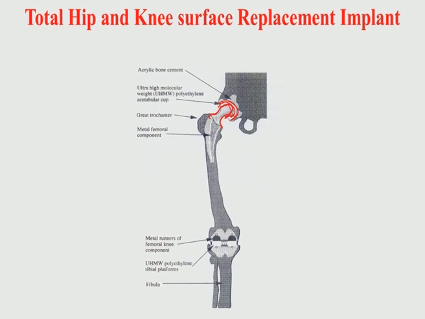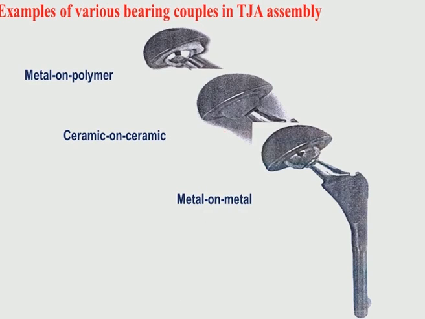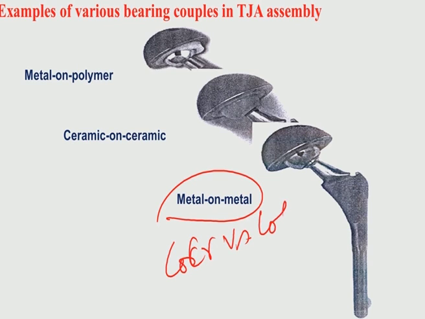So, you can have a metal combination like cobalt chrome versus cobalt chrome. You have ceramic on ceramic, but that often causes a lot of noise, for example, ZTA, zirconia toughened alumina versus zirconia toughened alumina.